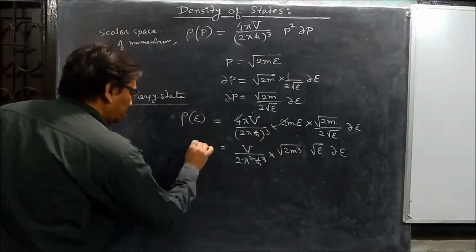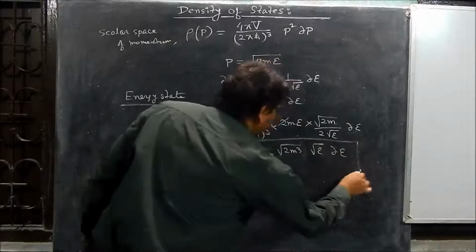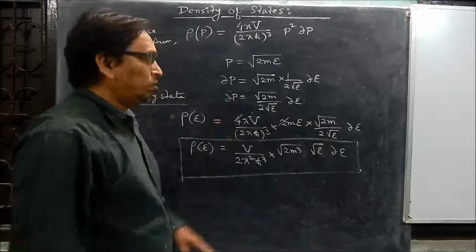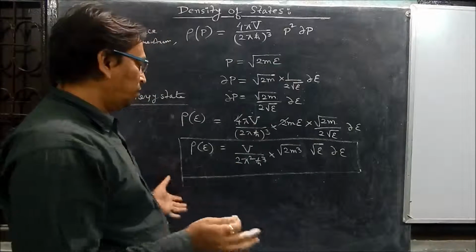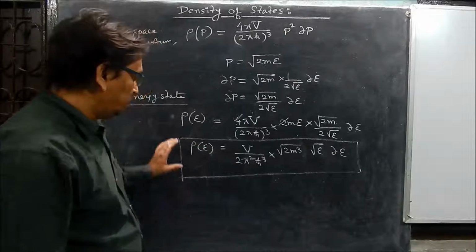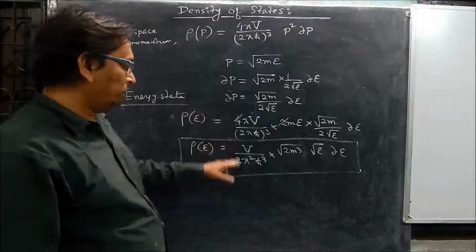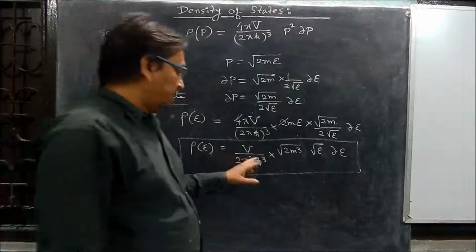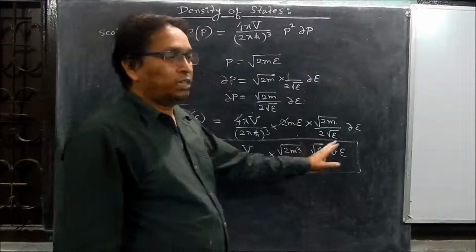This is actually the energy state of a particle which is moving within any volume. So this energy space is given by rho of epsilon is equal to v by 2 pi square h bar cube into root under 2 m cube into root under epsilon d epsilon.